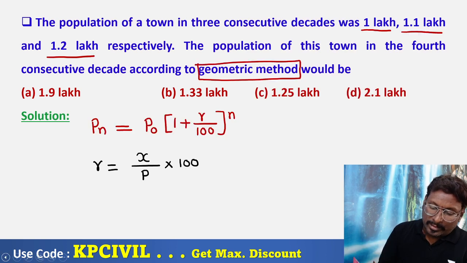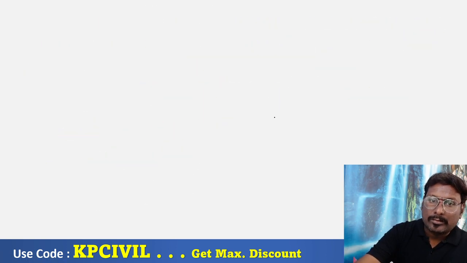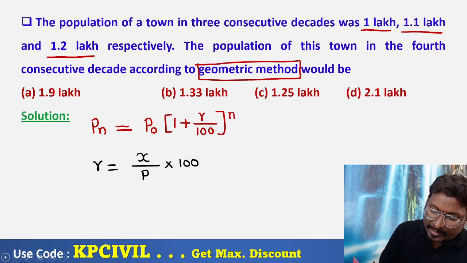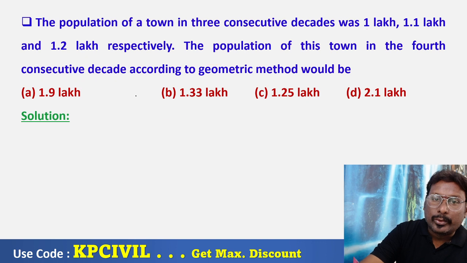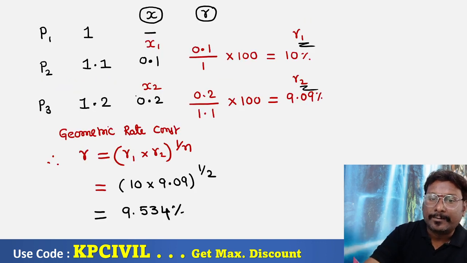Please substitute in the formula. Population for how many decades? Please check it out. Consecutive decades means one decade, then the next one decade.